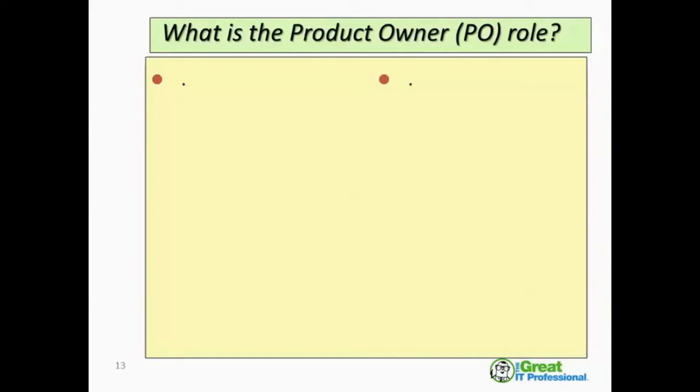So please type in the chat window, and all answers are good answers. And we'll just try and capture some of this, and I'm not going to try to put it into the slides because that technology doesn't work. But please enter your ideas on what is the product owner role. And so enter that in the chat window if you would.